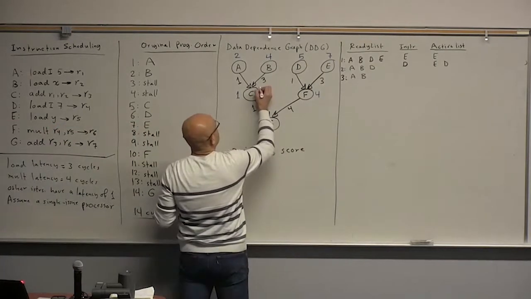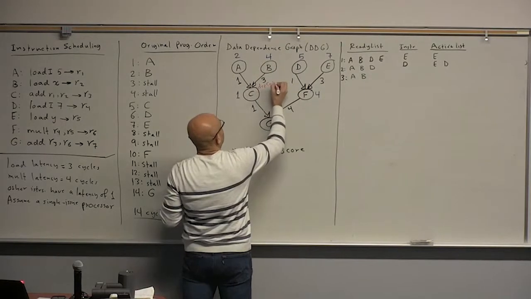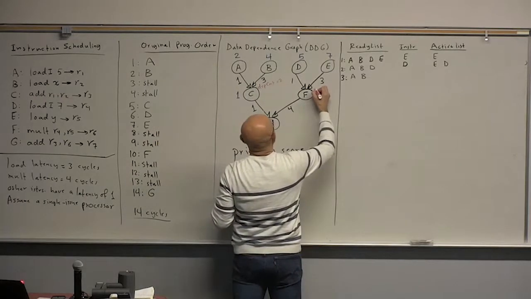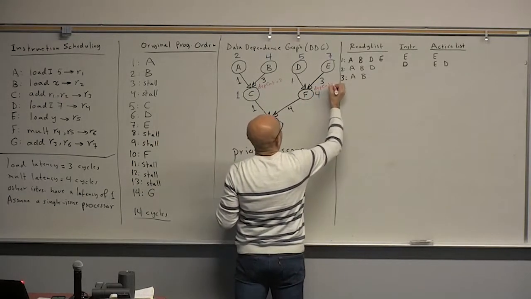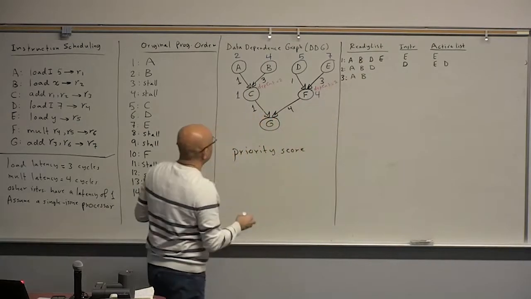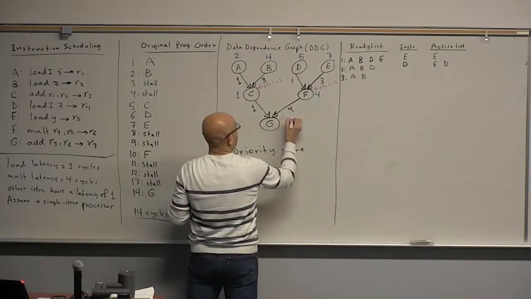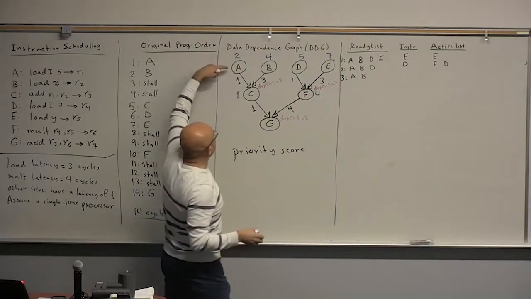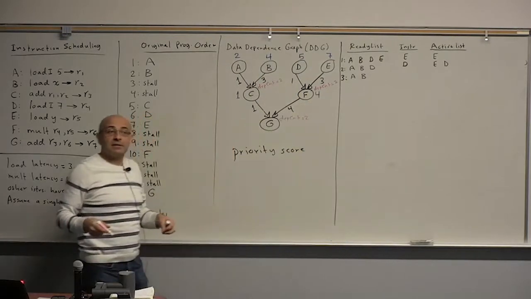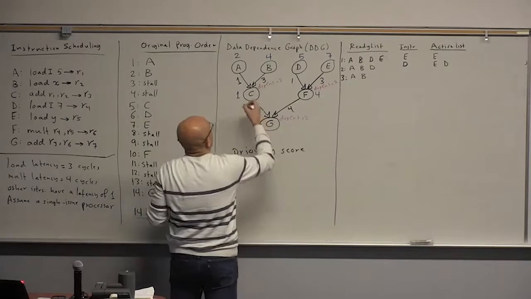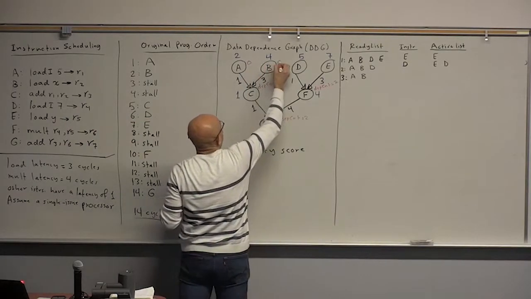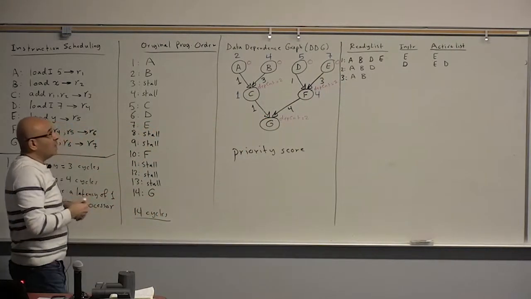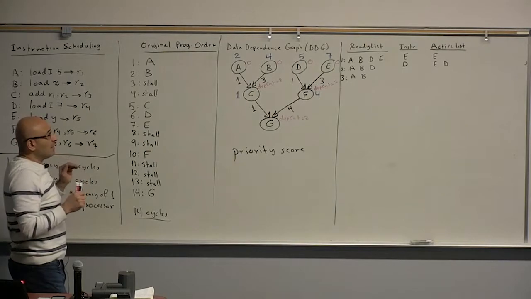For C, the dependence count is 2, so it depends on 2 instructions. F depends on 2 instructions as well, and G is dependent on 2 instructions, while the dependence count for A, B, D, and E is 0. They're not dependent on any other instructions.